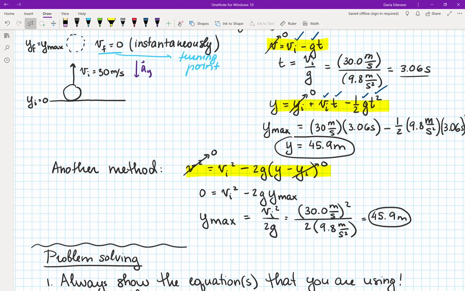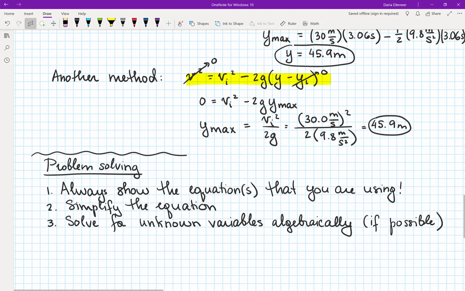Now, I said whenever possible or if possible. Yeah, there are some situations in which it's inconvenient, let's say. For example, if you ever have to solve a quadratic equation, you do not have to show me the quadratic equation setup. You can do as many algebraic steps as you need to. I'm not going to take points off on that, but you don't have to.